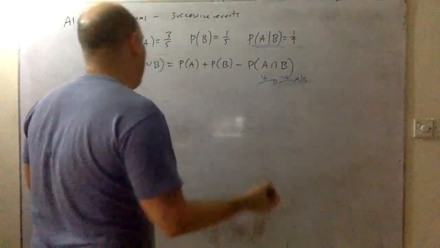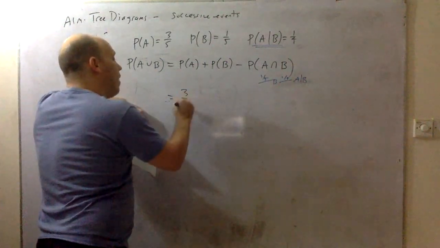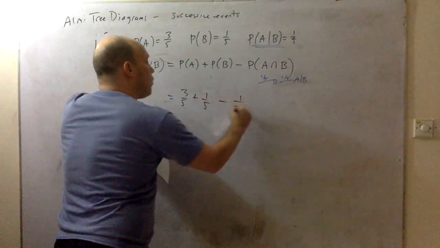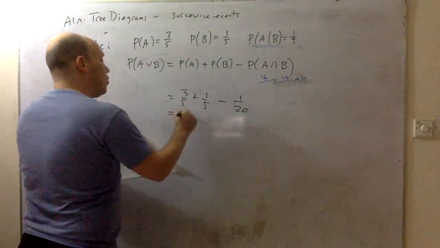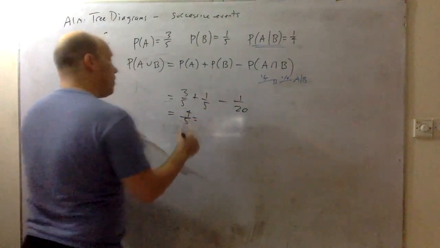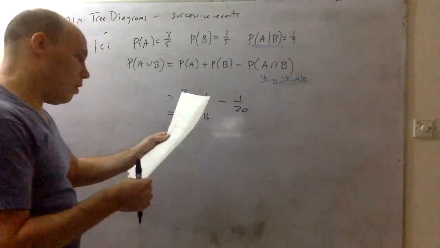So the union is equal to 3/5 plus 1/5 minus 1/20, which is equal to 4/5, which is equal to, let's see.